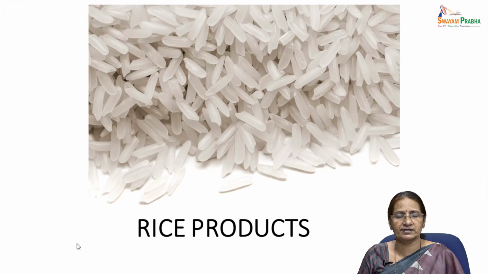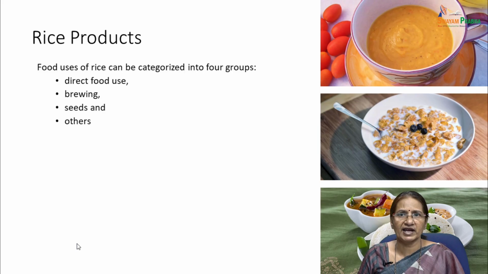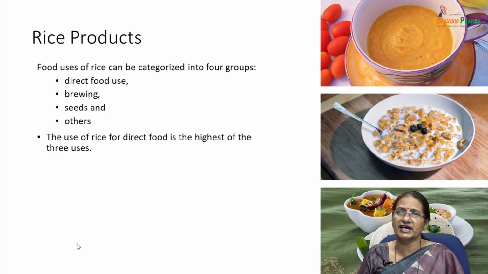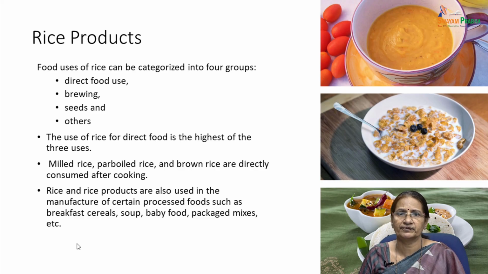Now, rice products. Food uses of rice can be categorized into 4 groups: direct food use, brewing, seeds, and others. The use of rice for direct food is the highest of the uses. Milled rice, parboiled rice, and brown rice are directly consumed after cooking.